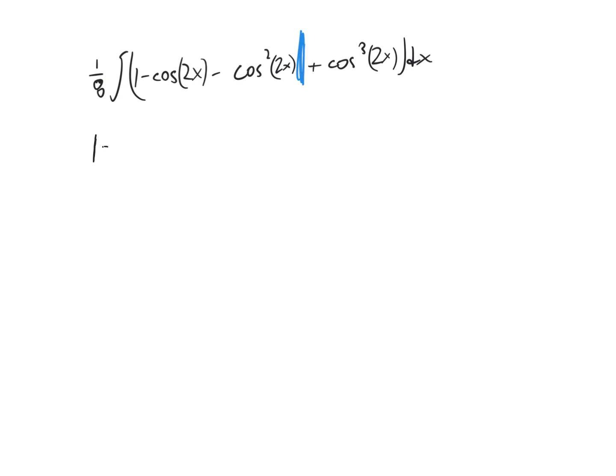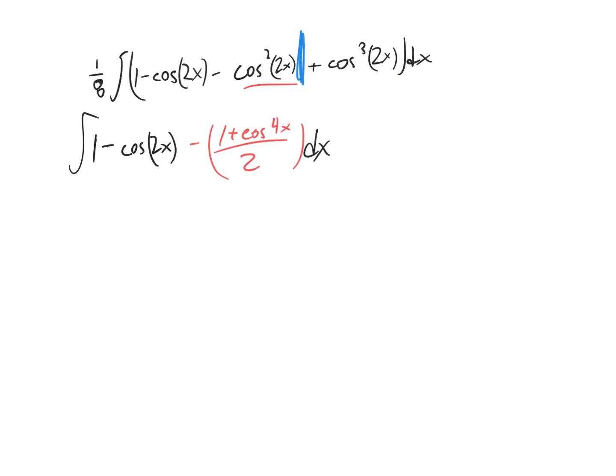1 minus cosine 2x. And what we'll do is substitute out cosine squared 2x for 1 plus cosine 4x over 2. We're going to take this integral first, and then we'll do the right-hand side, which is the cosine cubed of 2x.